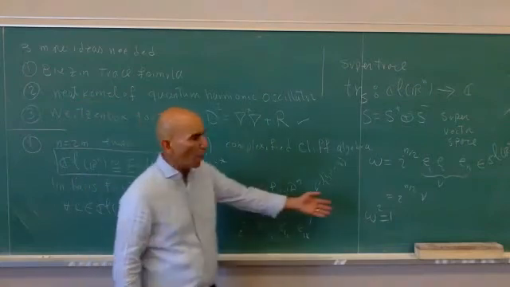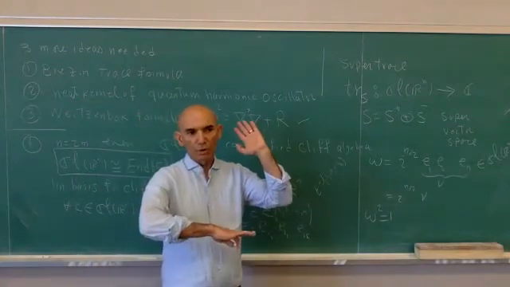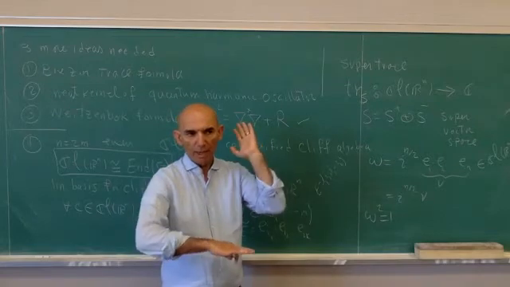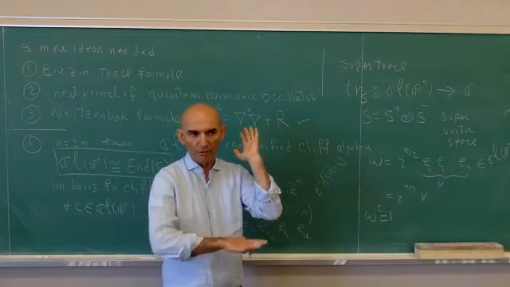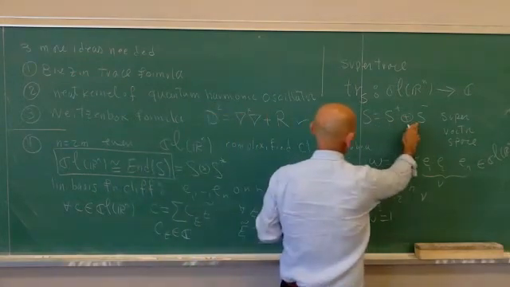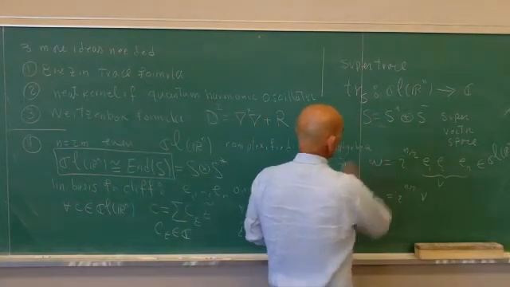Omega squared is 1, so we just took its eigenspace for eigenvalue 1 and eigenspace for eigenvalue minus 1, and these are S plus and S minus. So we have this decomposition.